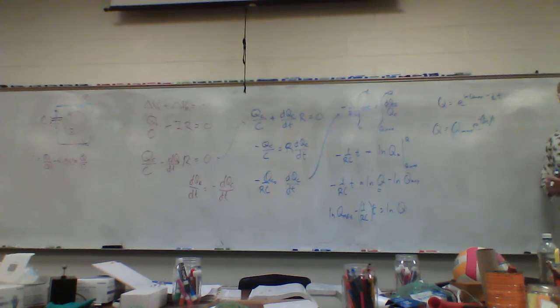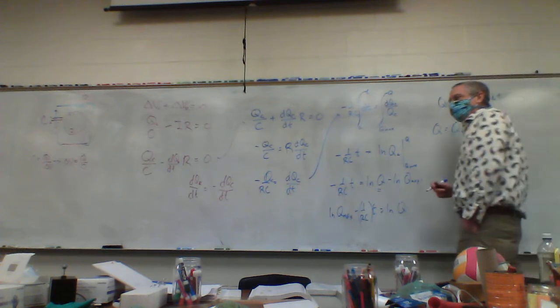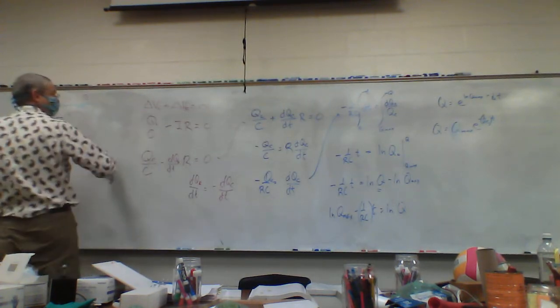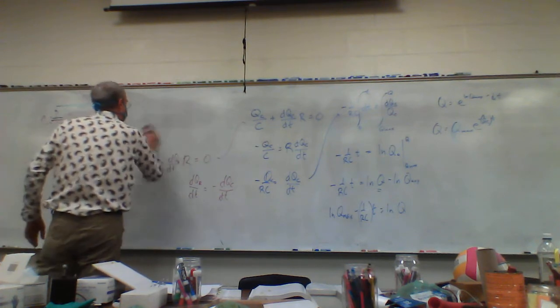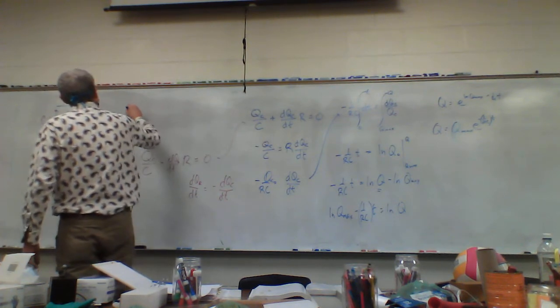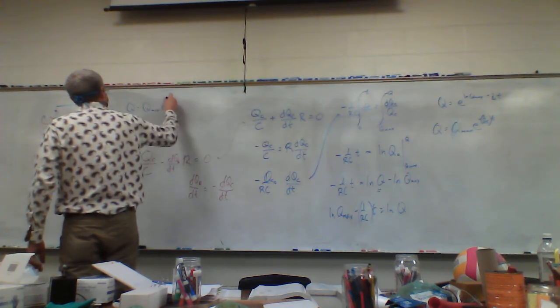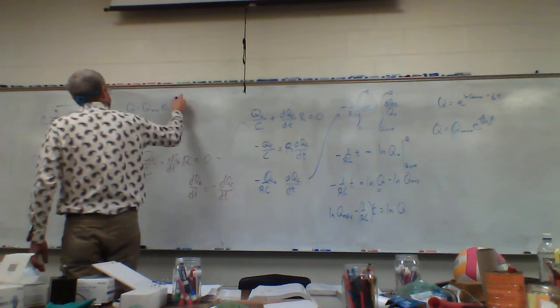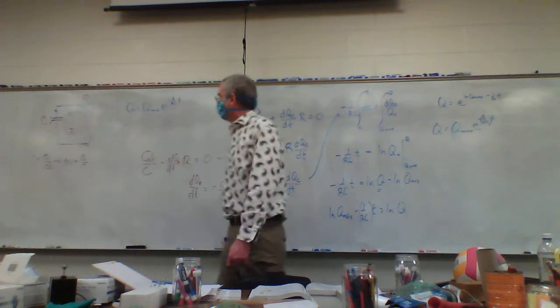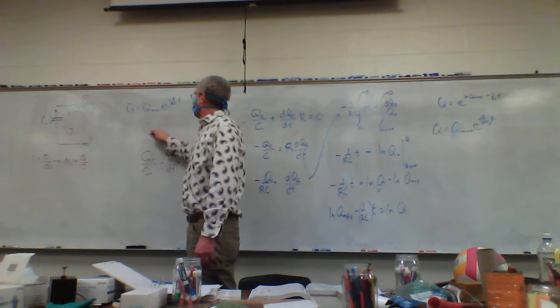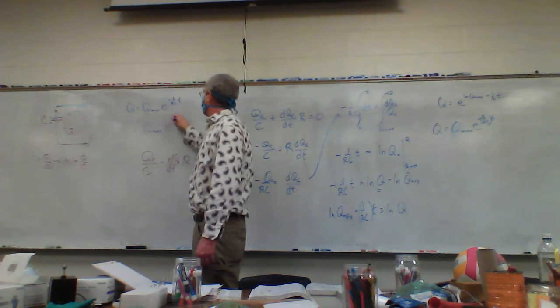That works. So Q is equal to my Q max, e to the negative 1 over RC times time. Sometimes written just as legitimately, Q max, e to the negative t over RC.